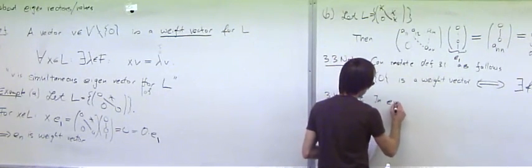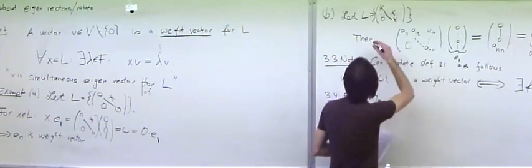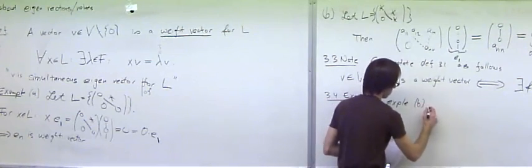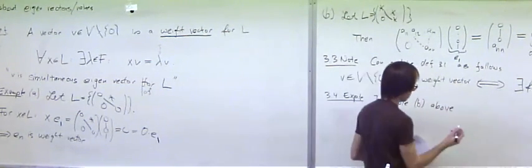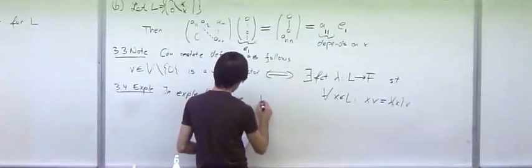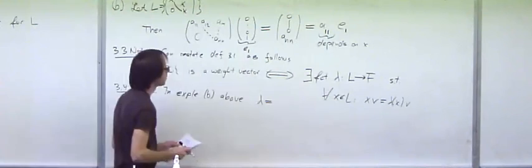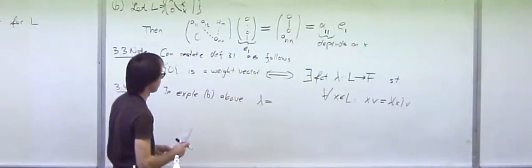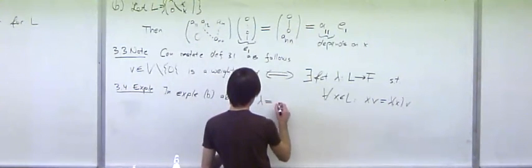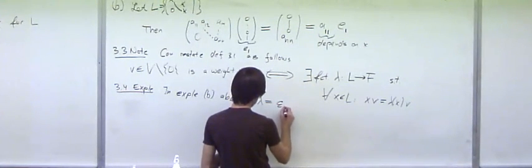In example B above, lambda is the projection on the first component. So maybe I write this as epsilon 1,1.